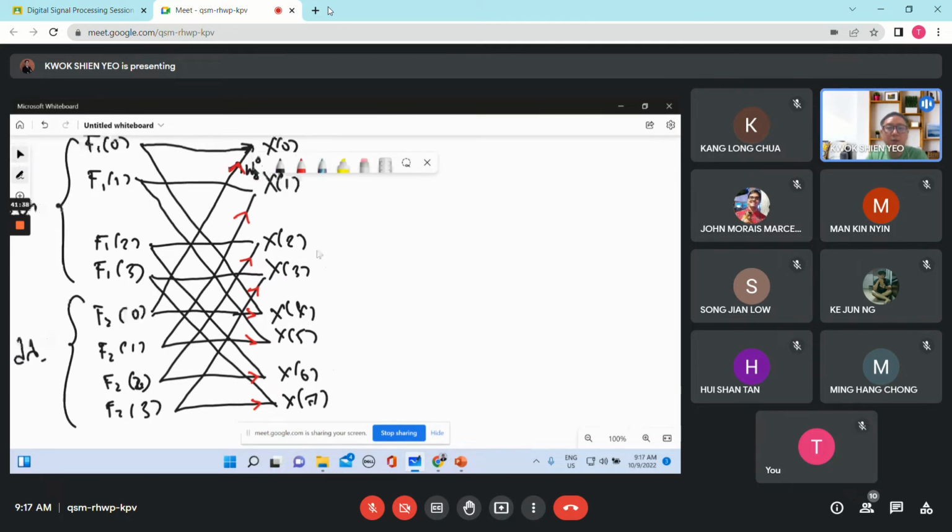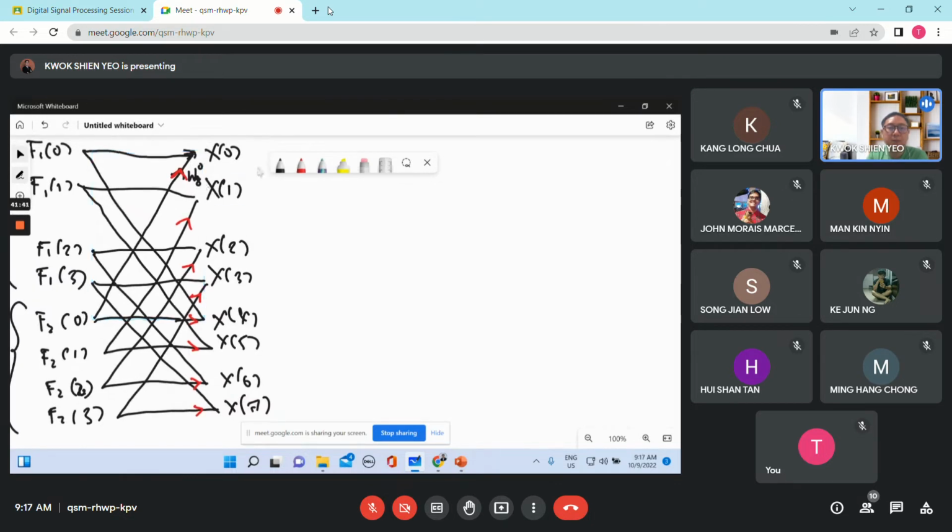The second one is W8 power of 0 too. I use red color. This is W8 power of 0, and then this is W8 power of 1, W8 power of 2, W8 power of 3, W8 power of 4, W8 power of 5, W8 power of 6, and W8 power of 7. So go from 0 to 7.